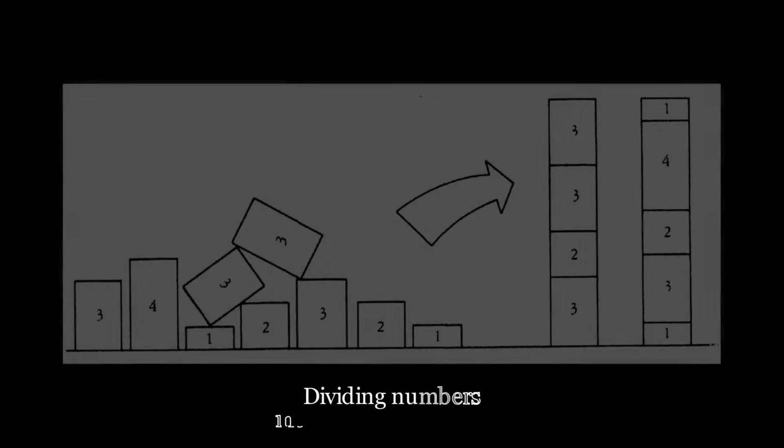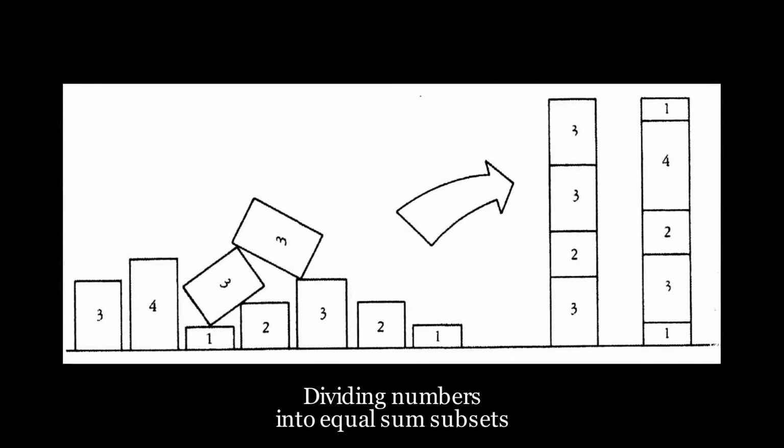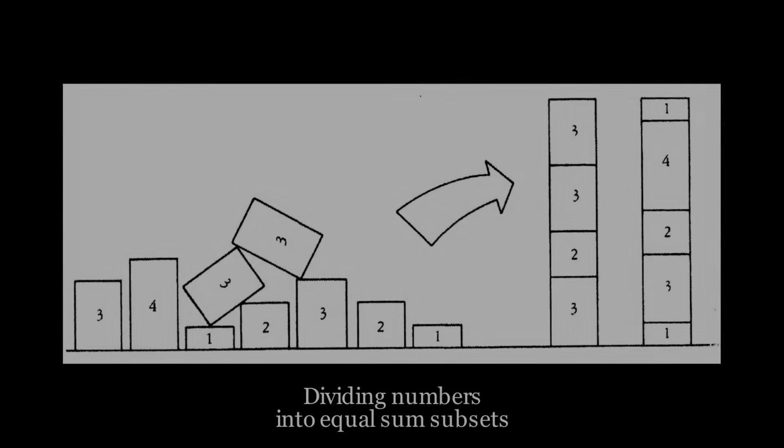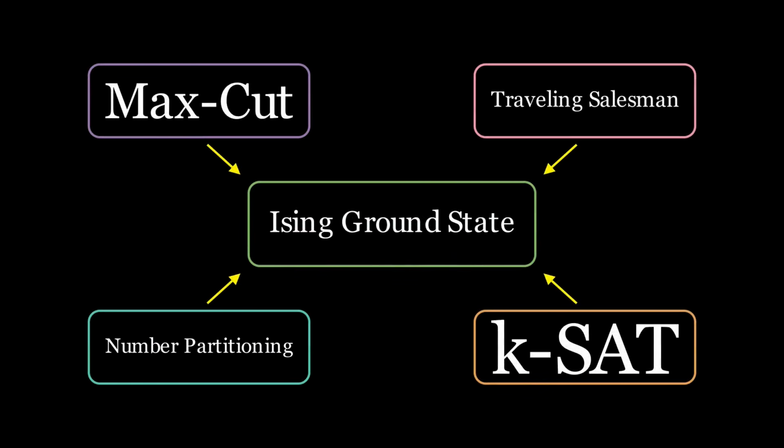All of these problems, despite appearing so different on the surface, share the same computational skeleton. They're all, in essence, about finding the one configuration out of an astronomical number of possibilities that minimizes some global conflict or energy.